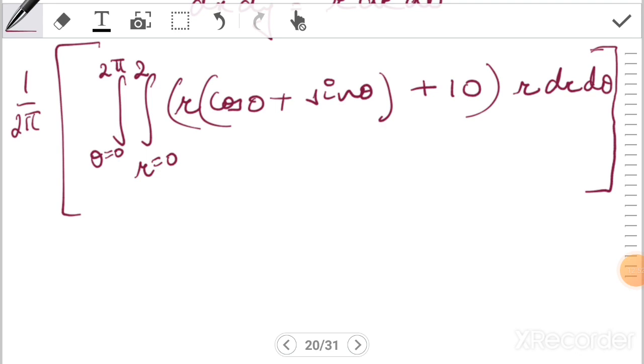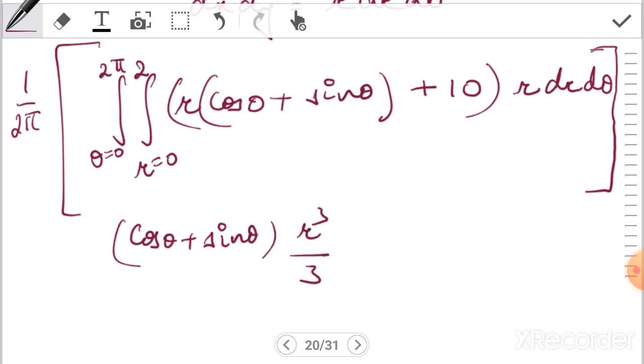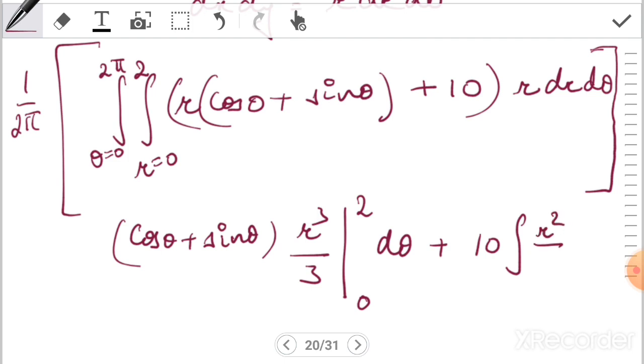So this is r squared times cos theta plus sin theta, so r cubed by 3, from 0 to 2 d theta, plus 10 times r squared by 2, from 0 to 2 d theta.